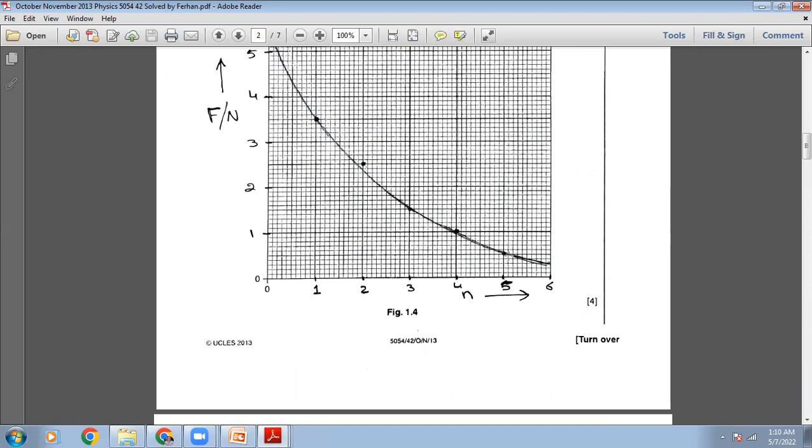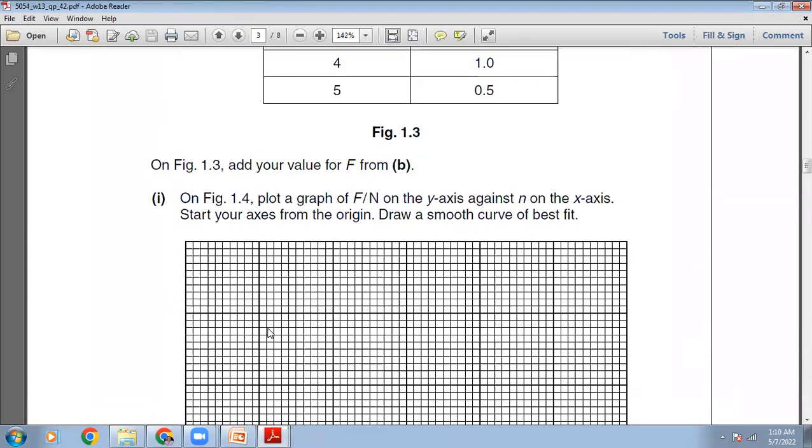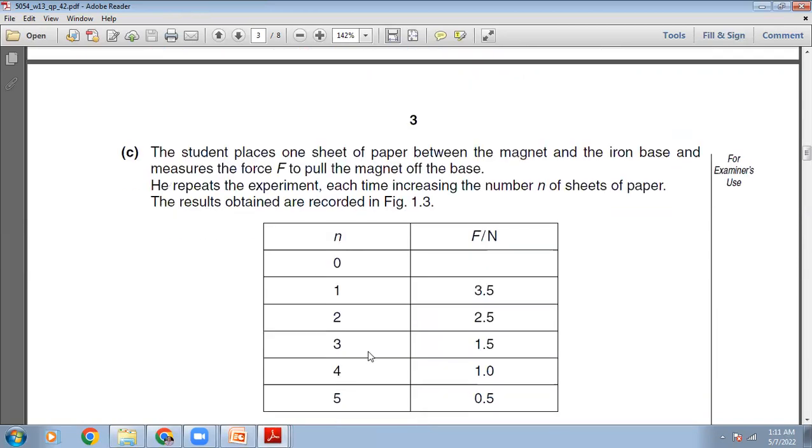The Newton meter which you are using, if you look at that diagram, its least count is 1 Newton. Look, 0, 1, 2. So the least count is 1 Newton. It cannot measure any force which is less than 1 Newton. So that is the reason.